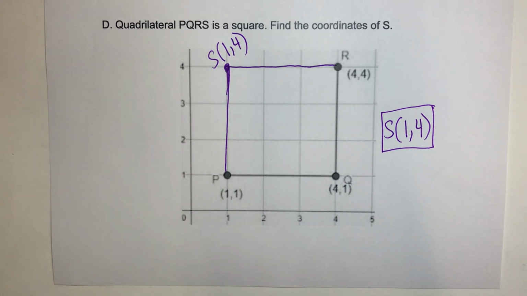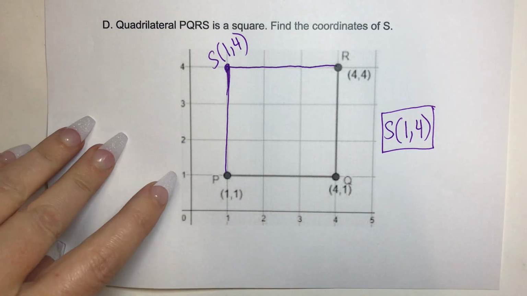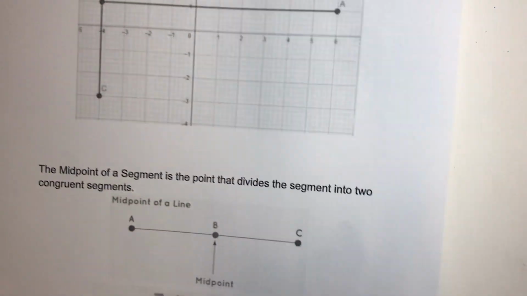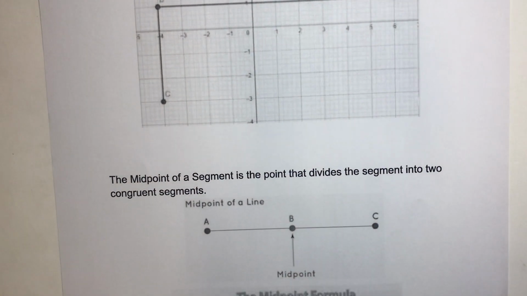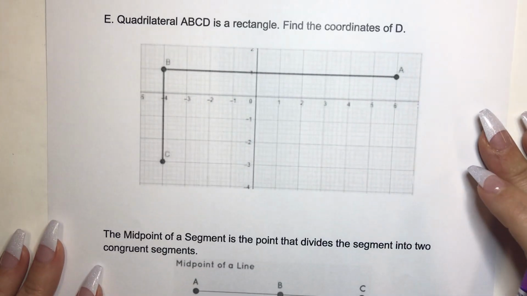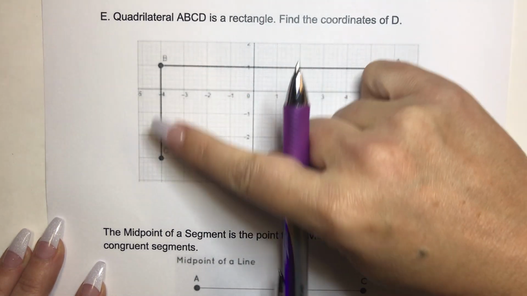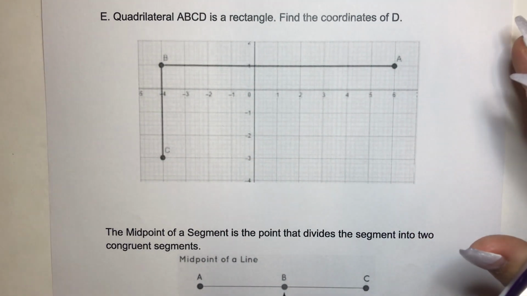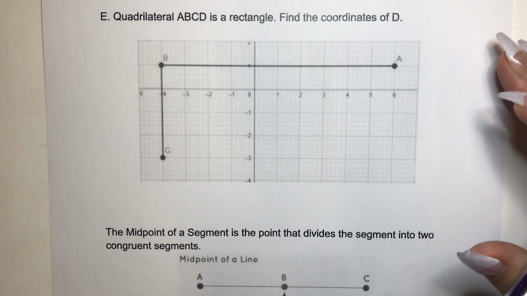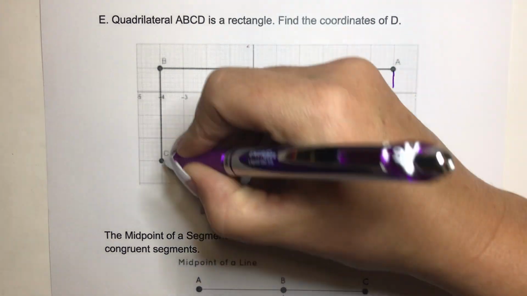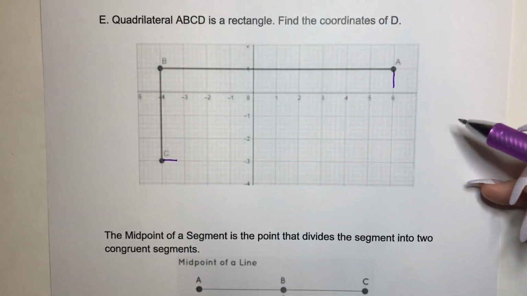All right, that's it. Let's look at this last example that is dealing with a quadrilateral. It says quadrilateral ABCD is a rectangle. Find the coordinates of D. So we have ABC. We know we need a rectangle, so all the angles have to be 90 degrees. So if we want that, this has to come down here. This has to come over.